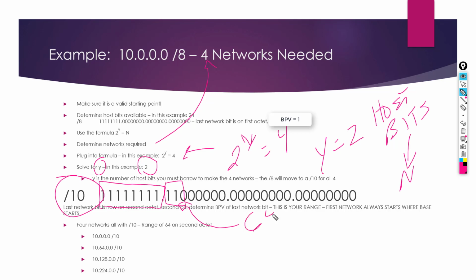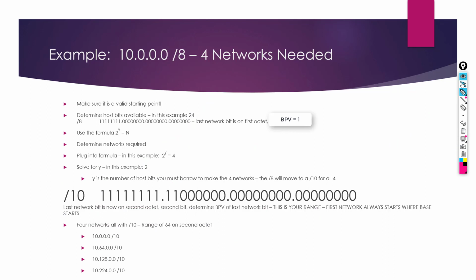It's 64, and it's on the second octet. We can now write out each one of our networks and use 64 as our range to go from one to the next, and we always start exactly where our base started. So you can do this very easily by hand.